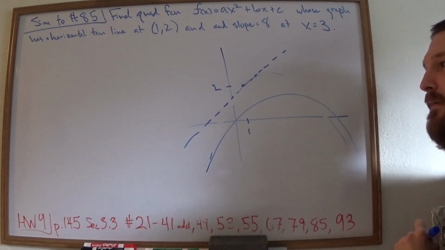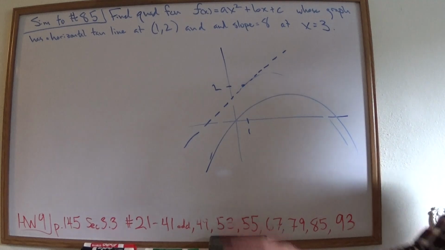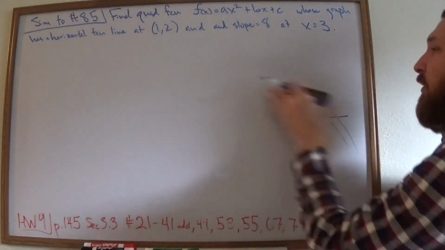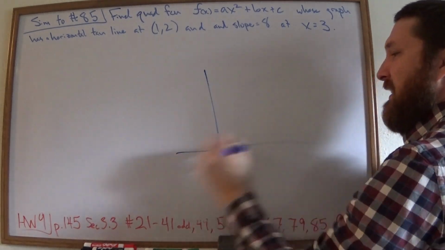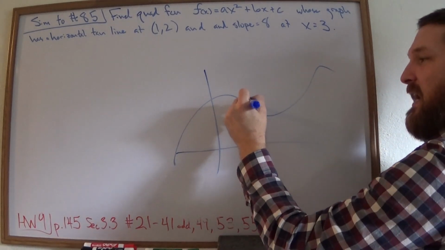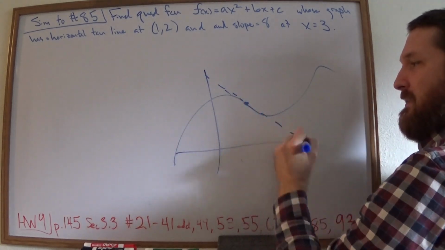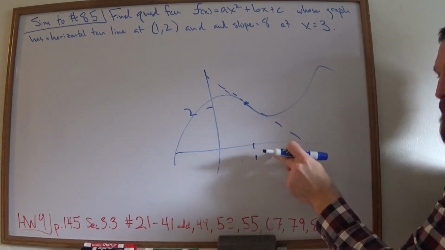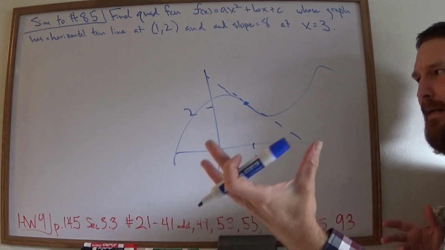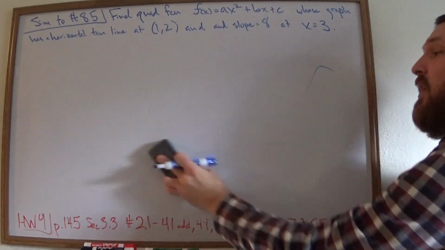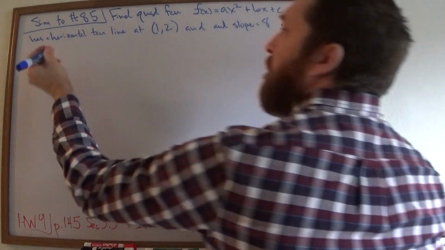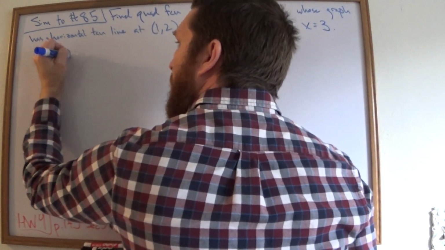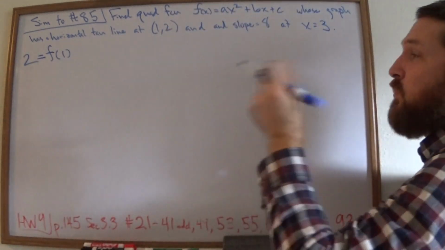I said forget horizontal. Any curve in the world, if I tell you there's a tangent line here at 1, comma 2, then the value of the function there must also be 2, right? Otherwise it's not a tangent line. So we need 3 equations. Here's one of them. When I plug in a 1, I got to get out a 2. So f of 1 has to give me 2.